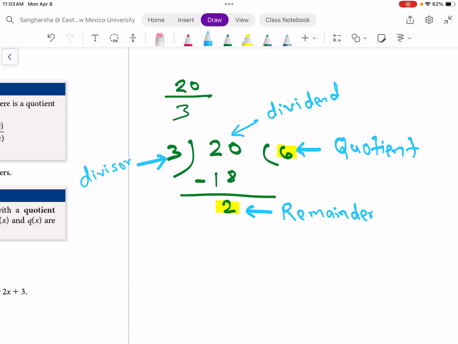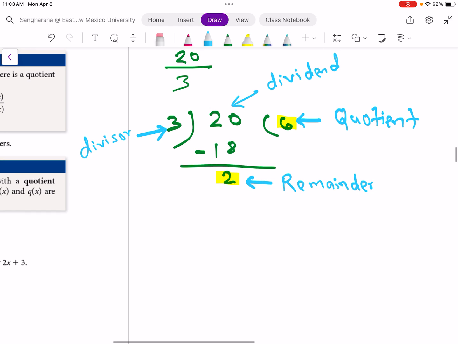We have a polynomial function, or a polynomial expression. So we divide a polynomial by another polynomial, and we try to get the quotient and the remainder. Now one more example.